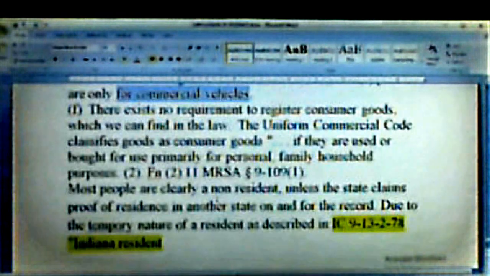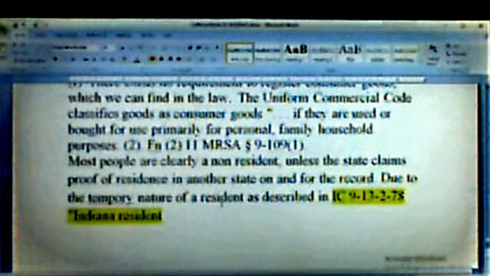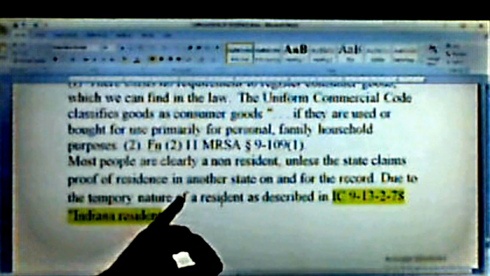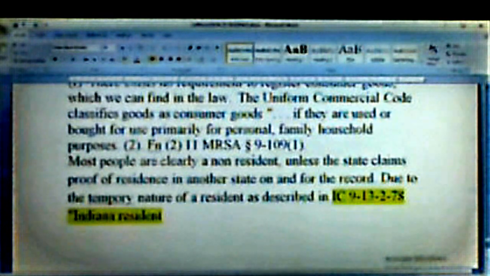Therefore, you don't need a driver's license, license plates, tags, insurance, any of that. It says most people are clearly a non-resident unless the state claims proof of residence in another state on and for the record due to the temporary nature of a resident as described in IC 9-13, right?